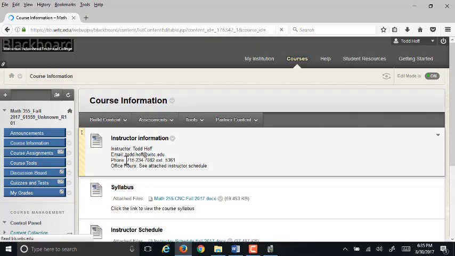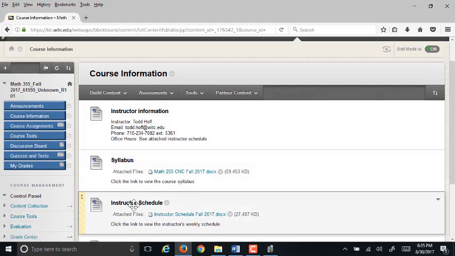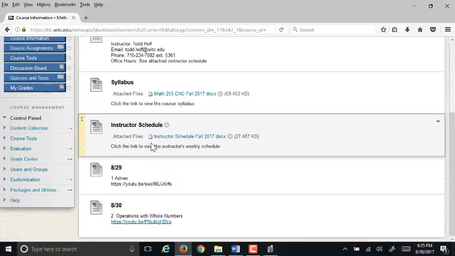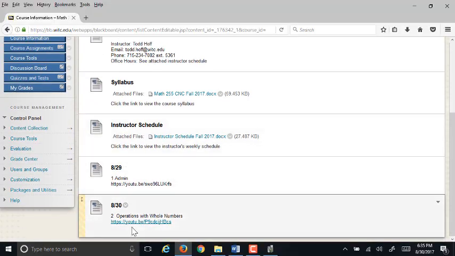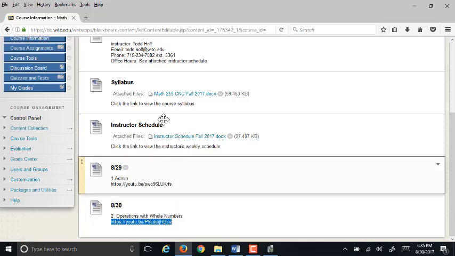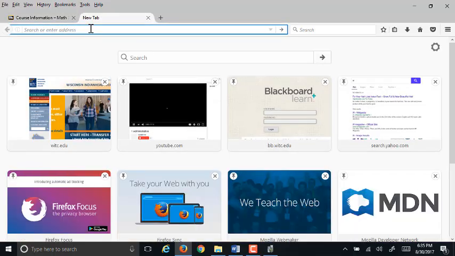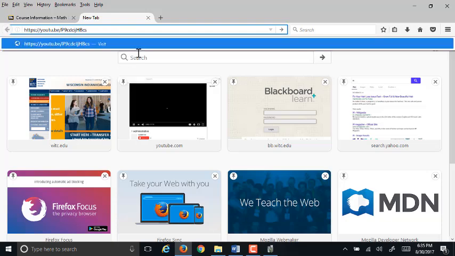In that course information button, you can see where you got the instructor information, syllabus, and the instructor schedule. You see down below that, there are links, and that's where they will appear in your course as well. Depending on what web browser you use, sometimes you can click on them and the links will work. Most of the time, it's safest to just copy and then paste them into your browser. And it'll take you to YouTube.